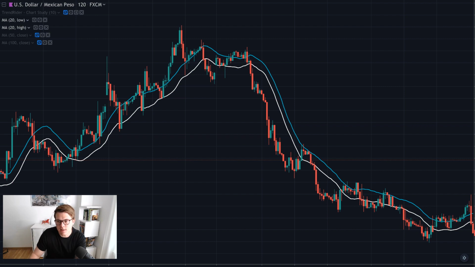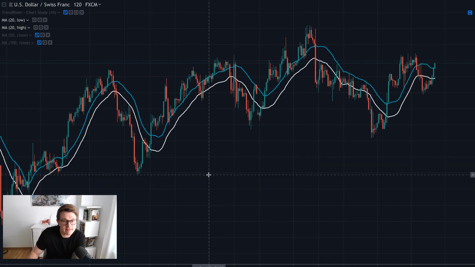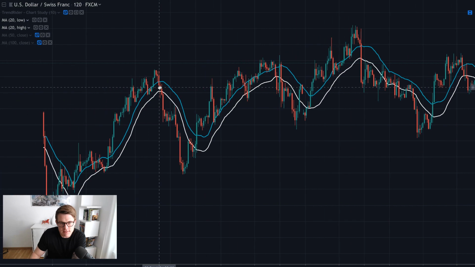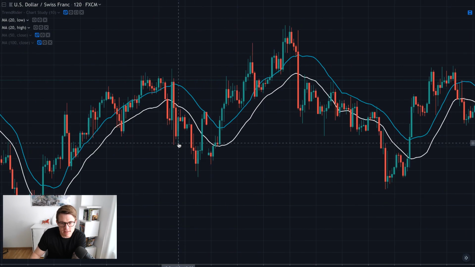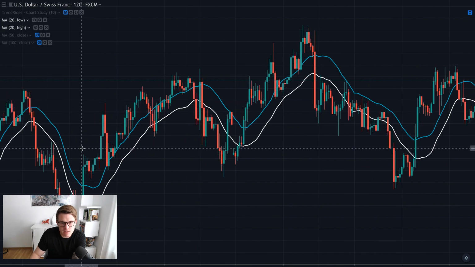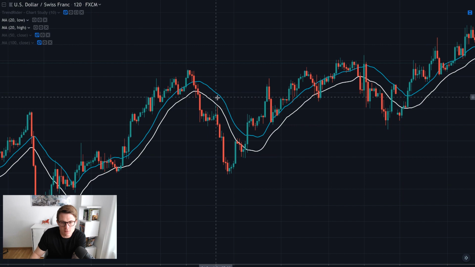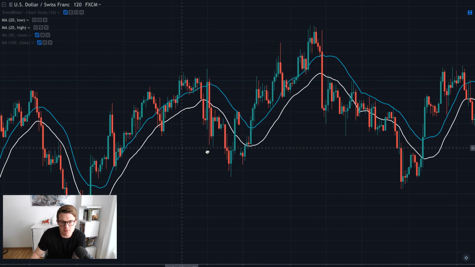We can also take a look at, for example, a major pair, and then we will see the difference right away, I think. And this is another interesting example. So although we are now on the US dollar Swissy, this is still showing us that in this market, this moving average channel is not very useful because the market doesn't really pay too much attention to it and overshoots it very, very often.